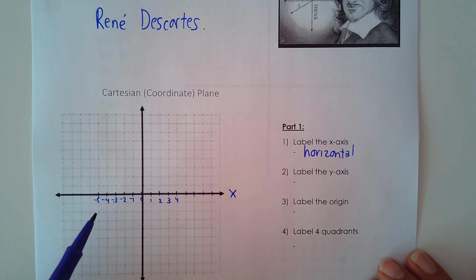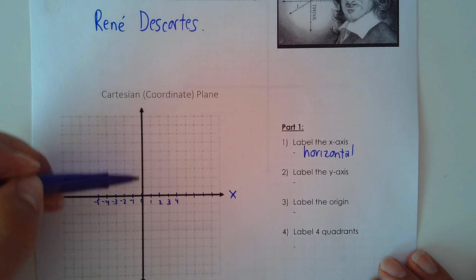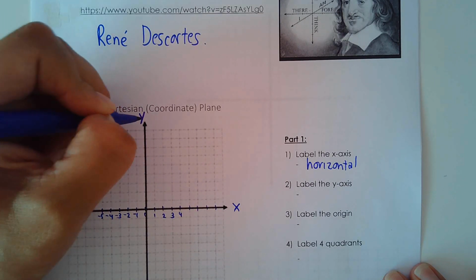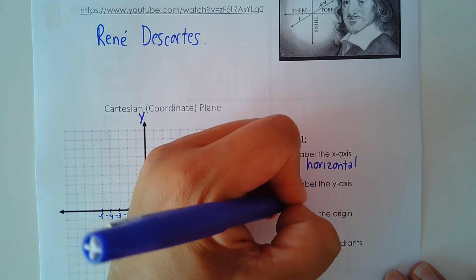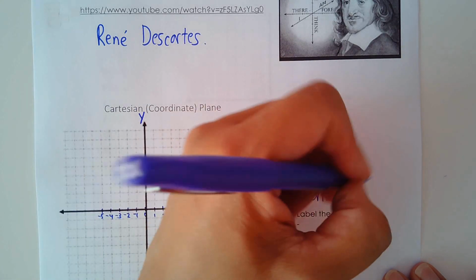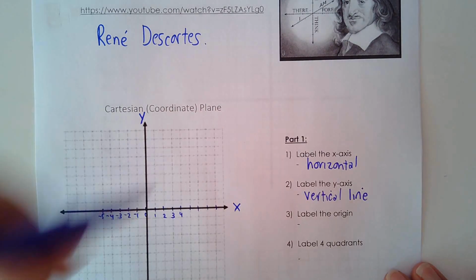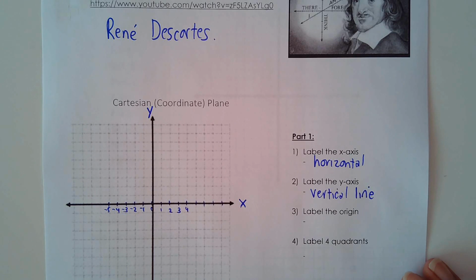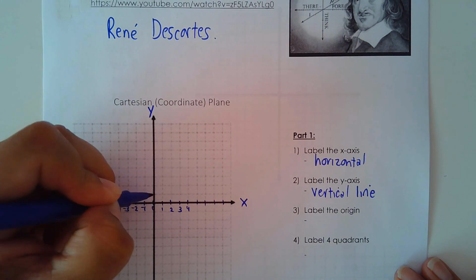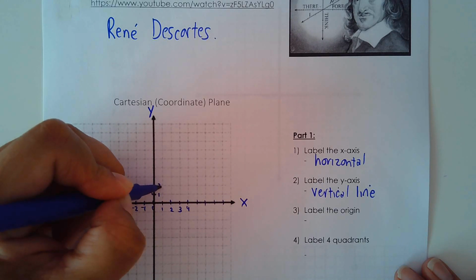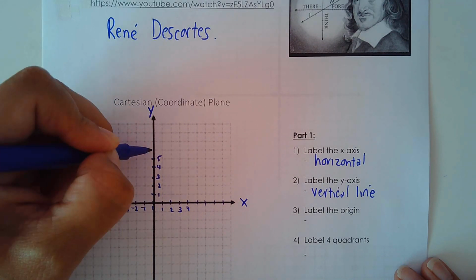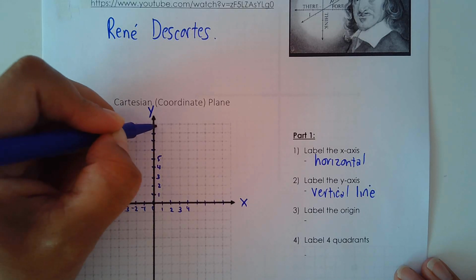Okay. And then the other line, this one here, this is called the y-axis, and it is the vertical line. And same thing, you can think of it as a number line. So if this is 0, this would be 1, 2, 3, 4, 5, 6, 7, 8, 9.